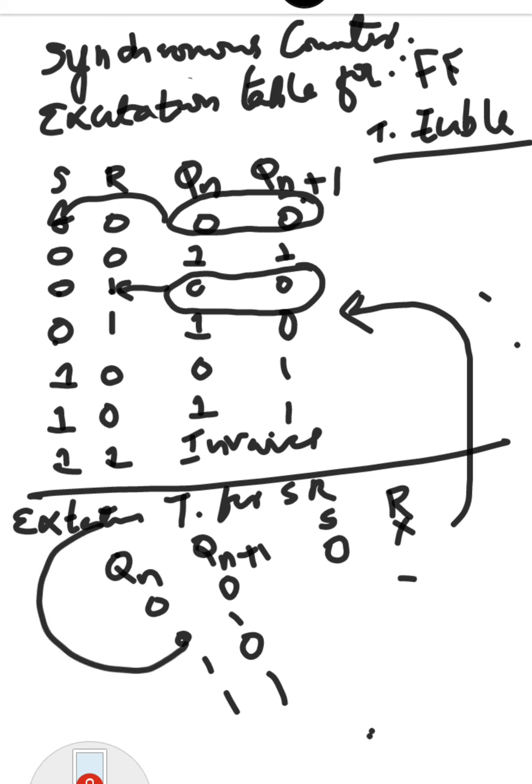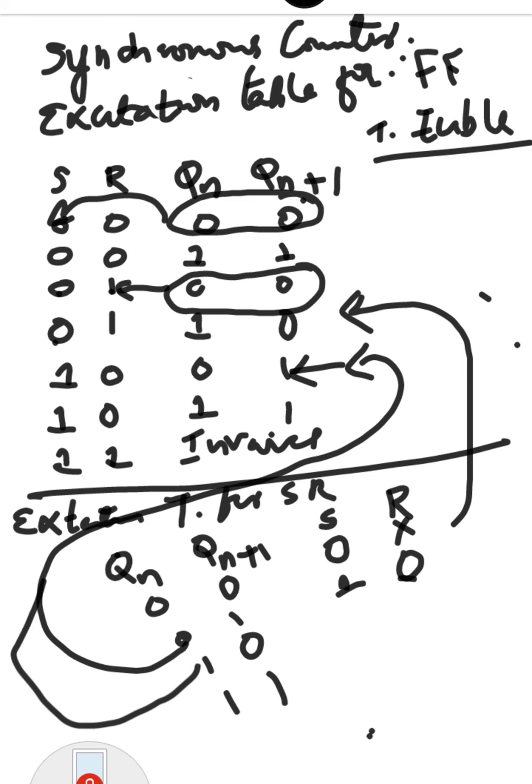Now 0 1 condition. Again, look back to this truth table and find out this 0 1 condition. So this is that 0 1 condition. This is the only 0 1 condition in the truth table. For that, what are the values for S and R? 1 0. Now 1 0 condition. Again, find out what is the 1 0 condition. This is the 1 0 condition. S equal to 0 and R equal to 1.